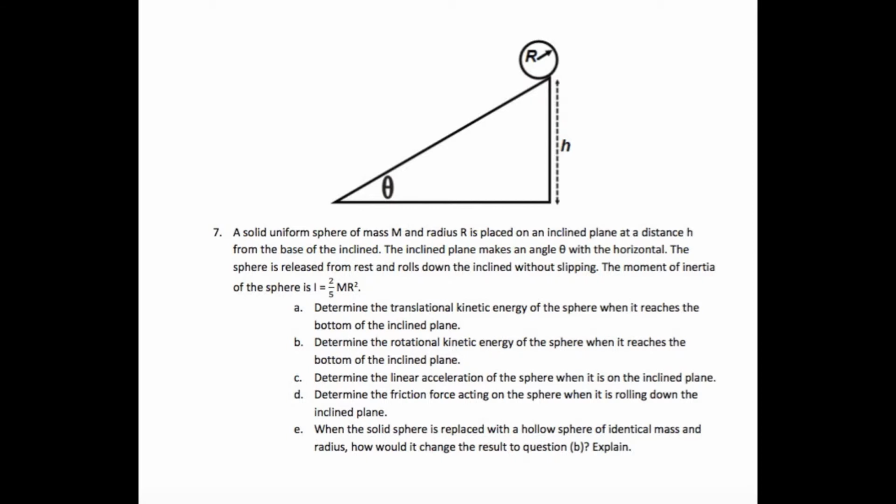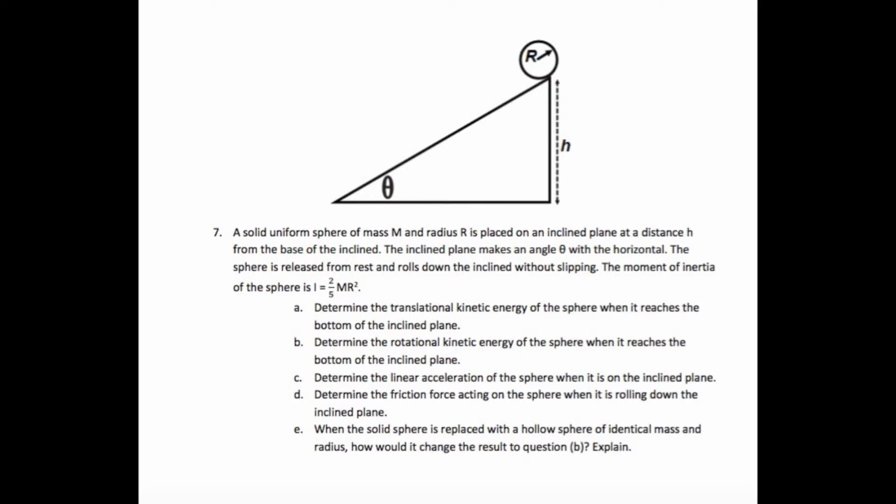Let's deal with an example problem. In this AP problem, we see a spherical object at the top of an inclined plane. This object is in the shape of a sphere, so the moment of inertia about its center will be 2/5 mr squared.